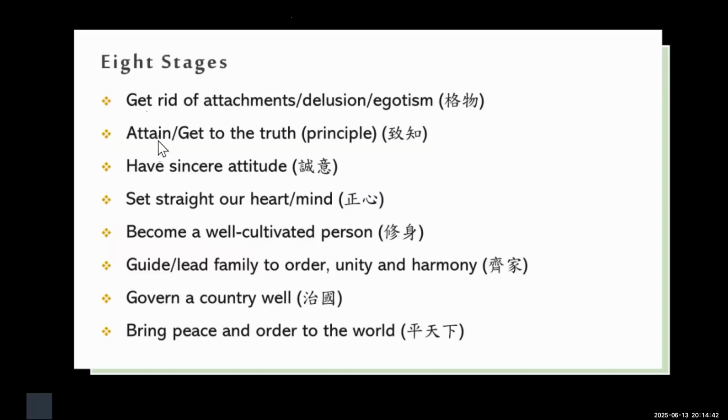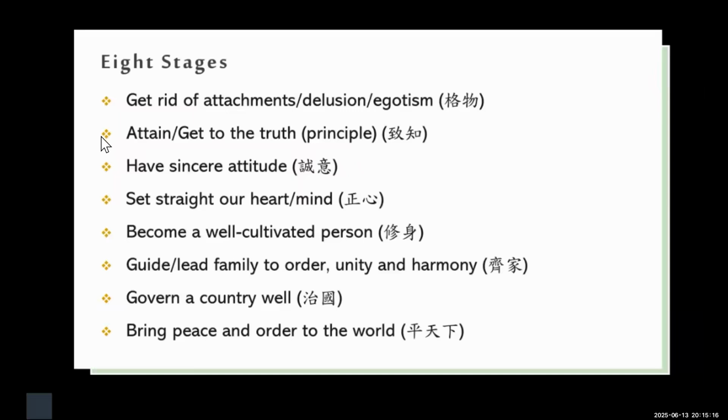Okay, so the first one goes from the very fundamental, the very root or the very essential, to a very grand goal or prospect. It starts with, the first one, getting rid of attachments and delusional egotism.